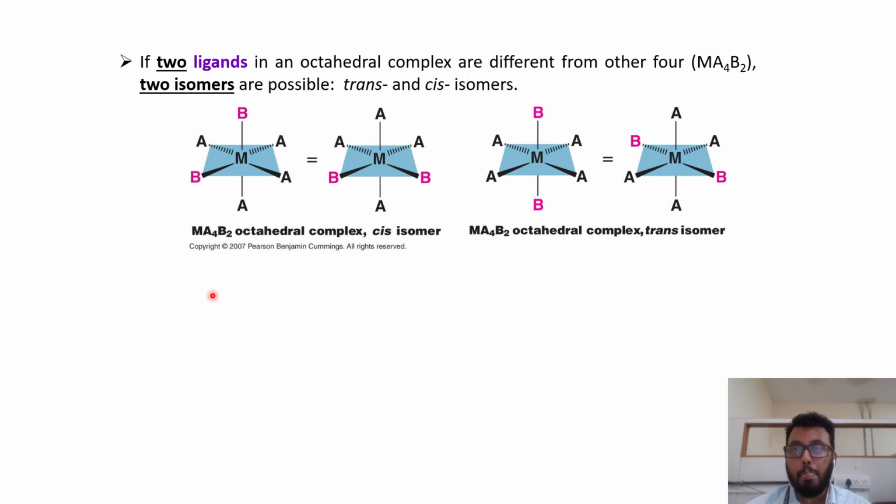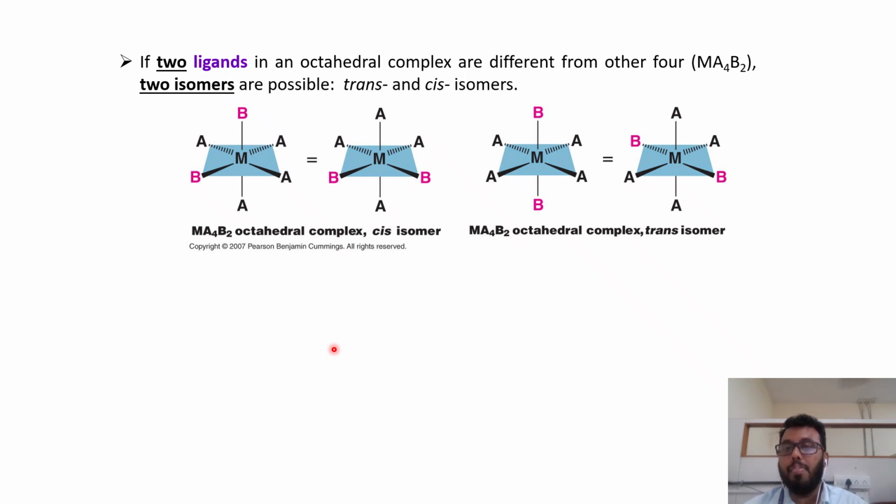Now we are going to see the MA4B2 type, which means 2 B atoms are different from the 4 A atoms. If 2 ligands in an octahedral complex are different from the other 4 A atoms, 2 isomers are possible. So just remember, when only one B atom is different from the 5 atoms, you will not get cis or trans type.